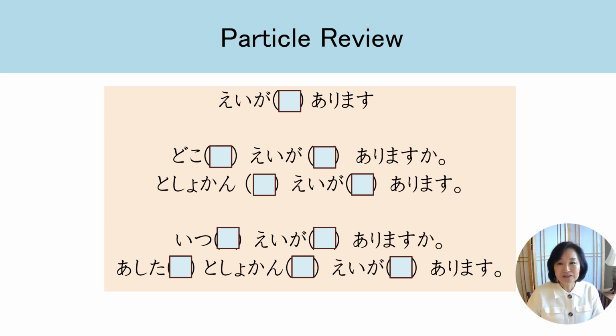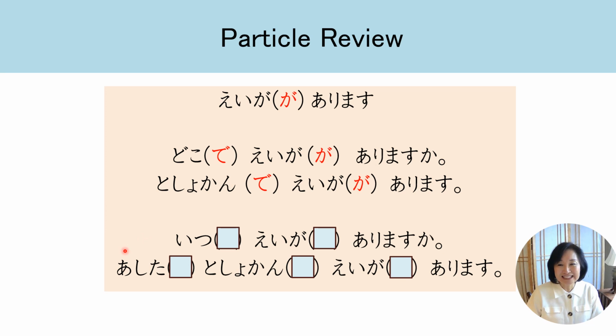Are you ready? The first sentence. There's a movie. 映画があります。Where is the movie? どこで映画がありますか? Okay, the answer. There's a movie at the library. 図書館で映画があります。Okay, next one.